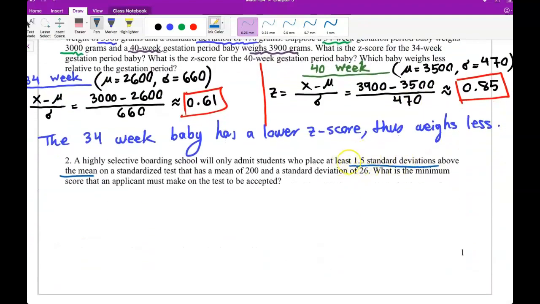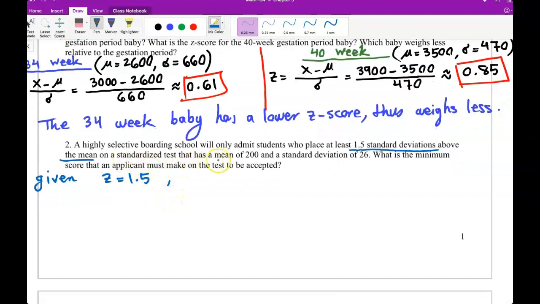So z is given, z is equal to 1.5. What else we have is a mean of 200 and a standard deviation of 26.